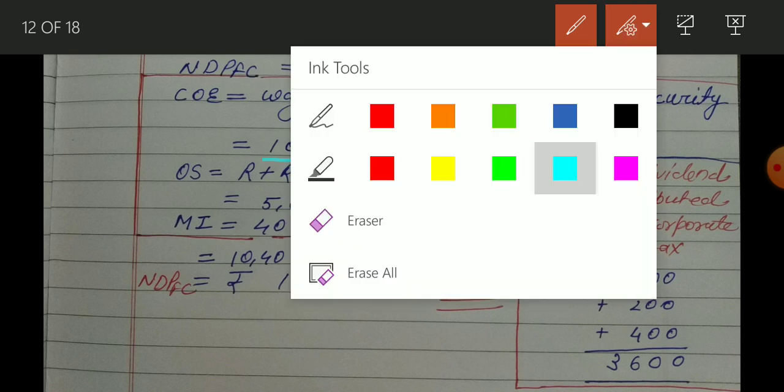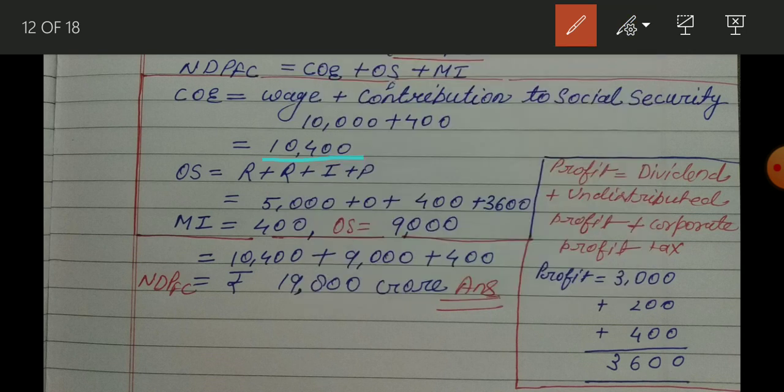Okay, now for getting the value of operating surplus, we will add rent, royalty, interest and profit. Here the value of rent is given 5,000, royalty is not given, so we will consider 0, interest is given 400, and for getting the profit we had to calculate it. Why? Because profit is not given directly.